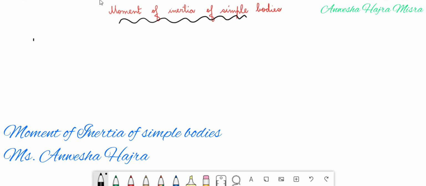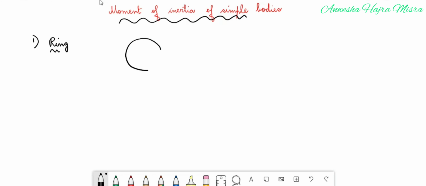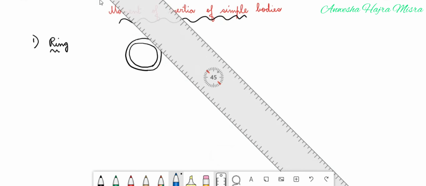First, let us take a ring. Now we have a ring and we want to find the moment of inertia of this ring about an axis perpendicular to the plane of the ring.